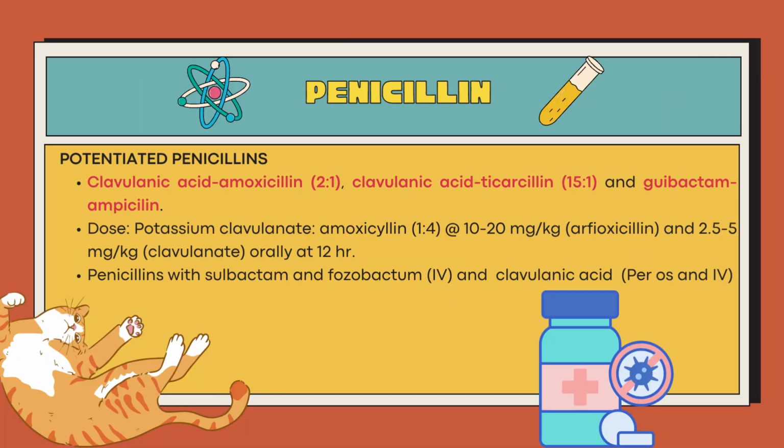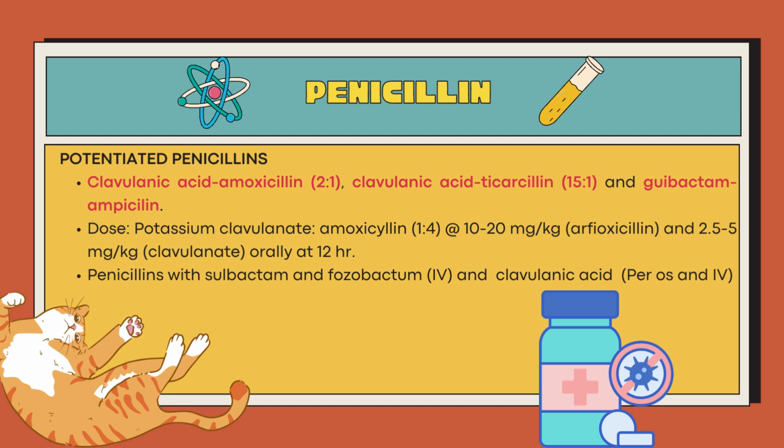In this next slide, we have the potentiated penicillins. The penicillins in combination with beta-lactamase inhibitors are called potentiated penicillins. The combinations are clavulanic acid and amoxicillin in a 2:1 ratio, clavulanic acid and ticarcillin in a 15:1 ratio, and sulbactam and ampicillin.